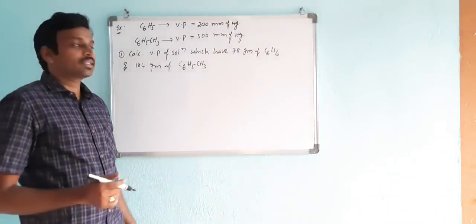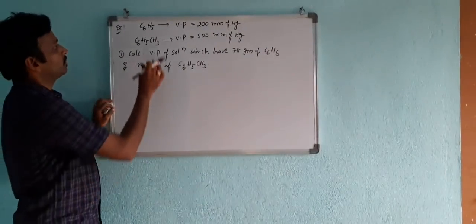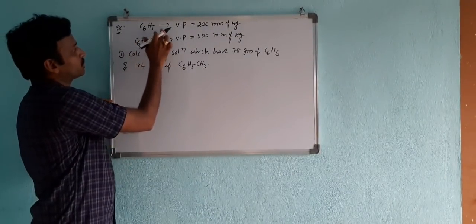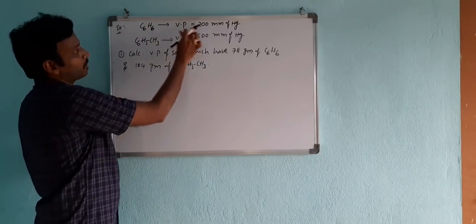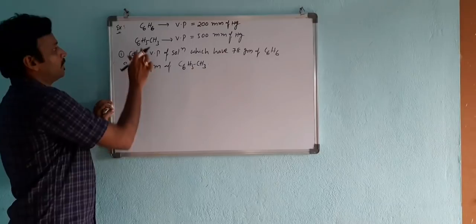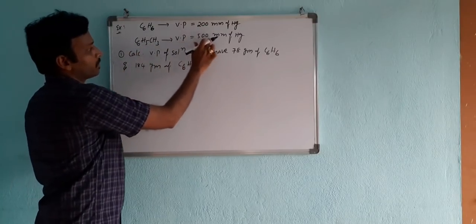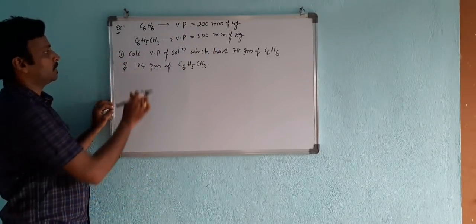Okay, now let's continue with the same numerical. So here C6H6 is benzene. Vapor pressure is 200 mm of Hg. C6H5CH3 vapor pressure is 500 mm of Hg.